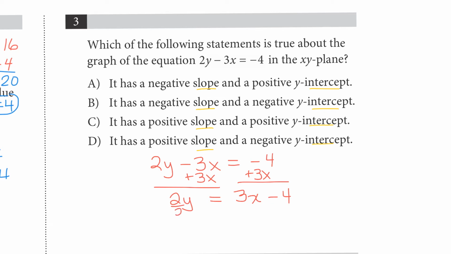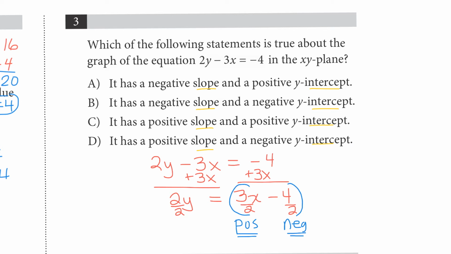And if you divide by 2, you notice that this right here is your slope. So slope is positive. And this right here is your y-intercept, and that's negative. So slope, y-intercept, so we're looking at something positive and then negative.